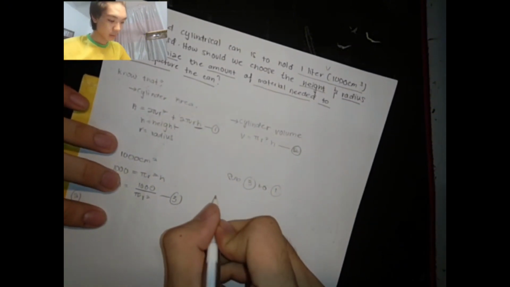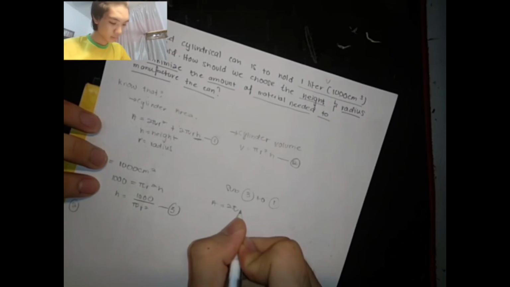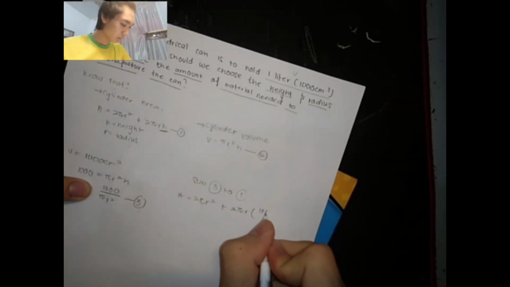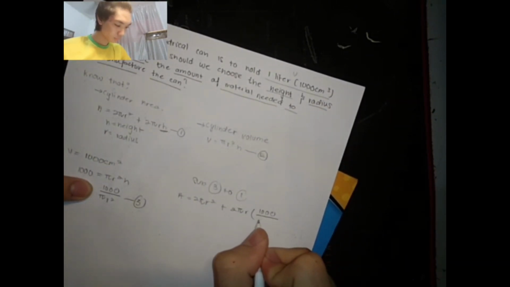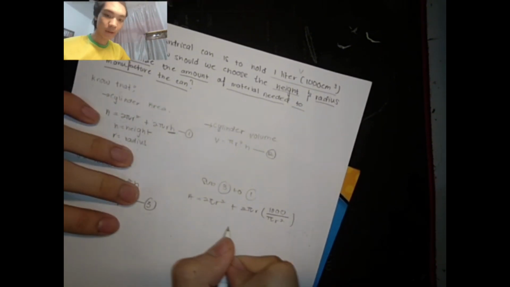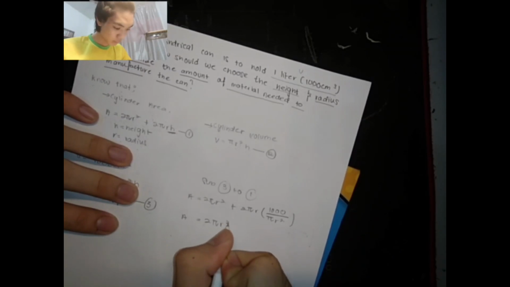So our new formula is A equals 2 pi r squared plus 2 pi r times h, so we put our h right here, 1000 over pi r squared. And we simplify this equation into A equals 2 pi r squared plus 2000 over r.